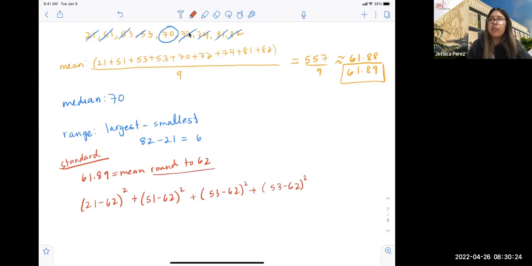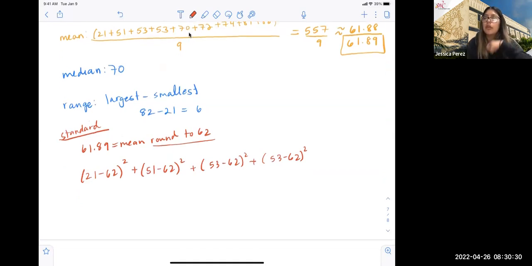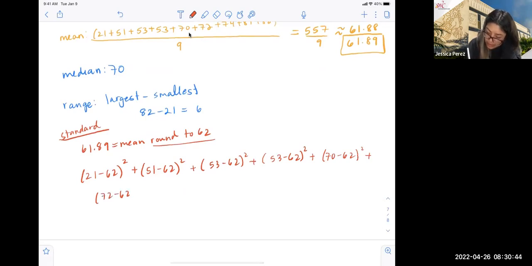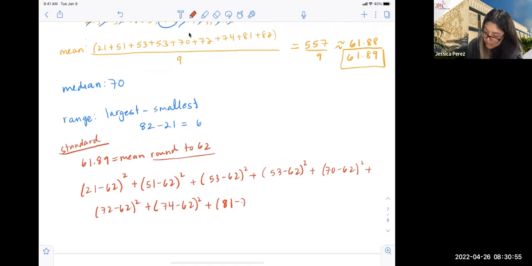I rounded the mean to 62. Your mean probably will be a whole number, okay? So don't worry. You will not have to round for your mean. Plus, we have 70 minus 62 squared plus 72 minus 62 squared plus 74 minus 62 squared plus 81 minus 62 squared plus 82 minus 62 squared.